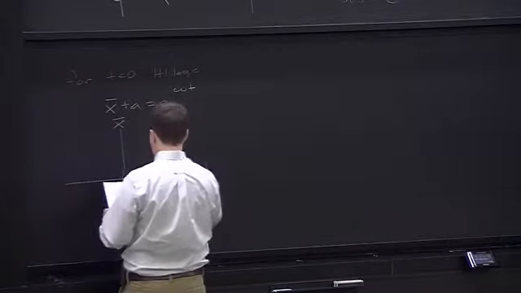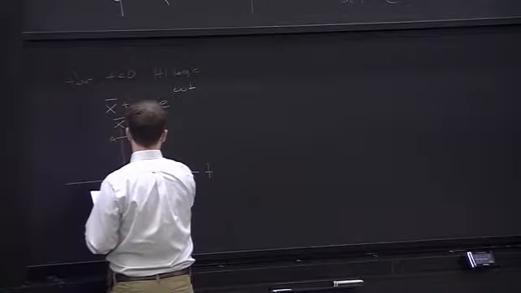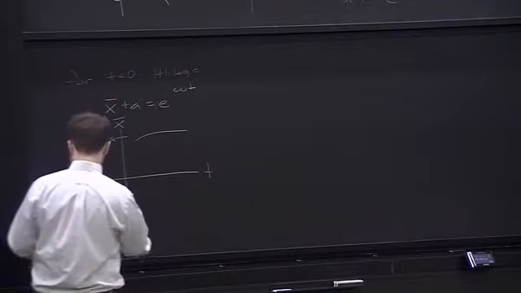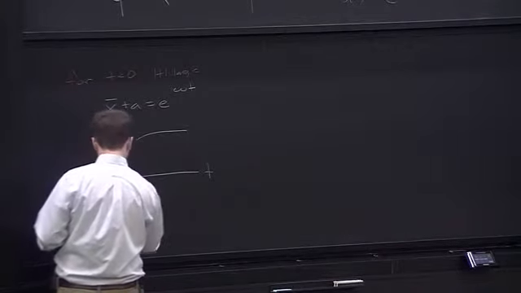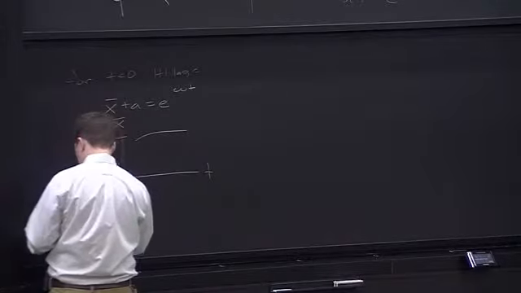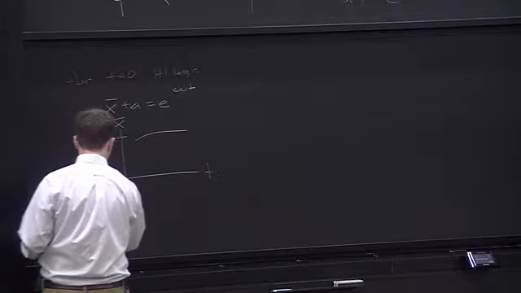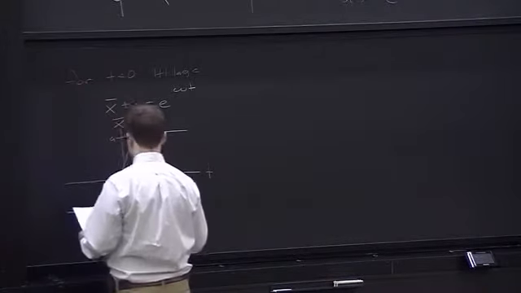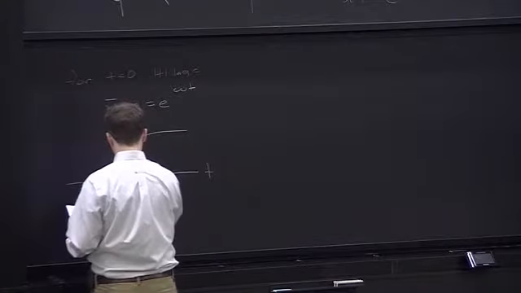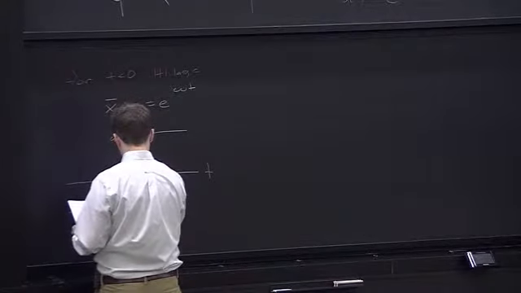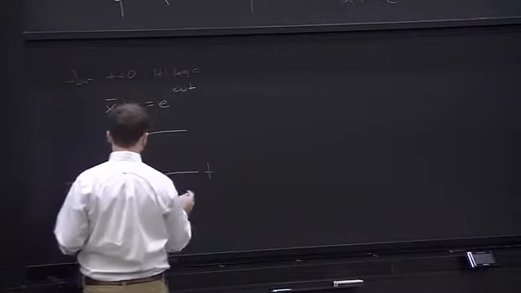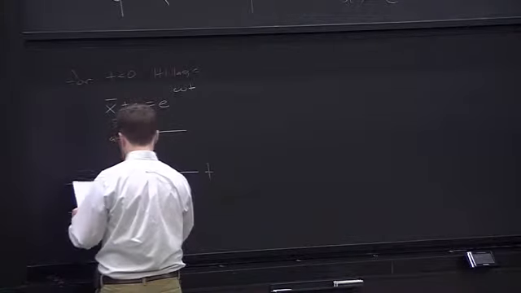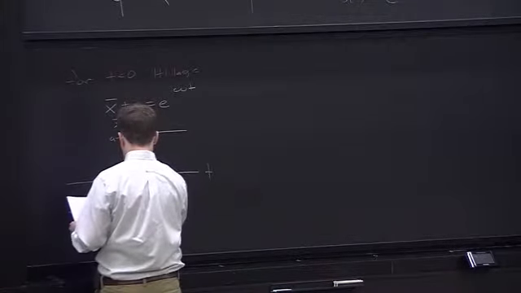For t large, the solution should be exponentially close to A. And for t large and negative, the solution should be exponentially close to minus A. And somewhere in between, it should rapidly cross through the barrier, and reach 0 at some time.